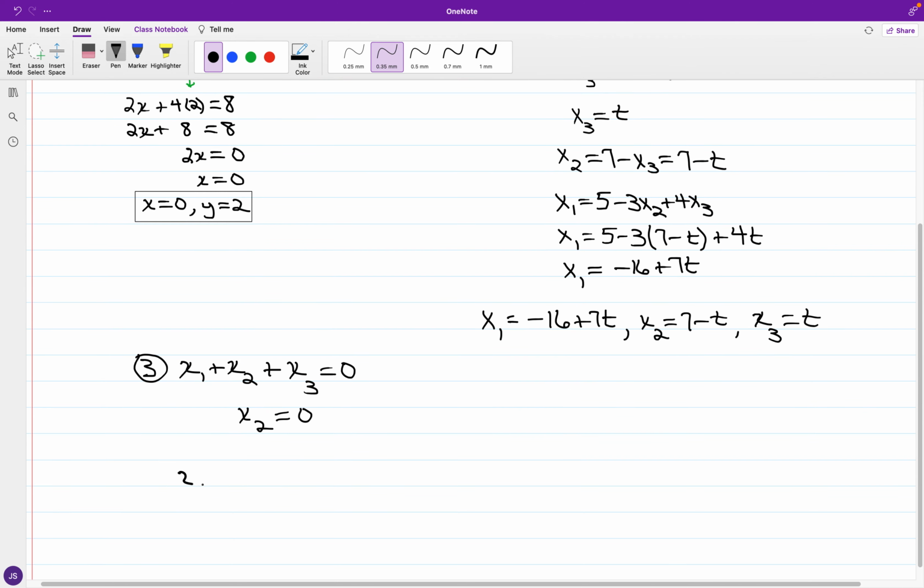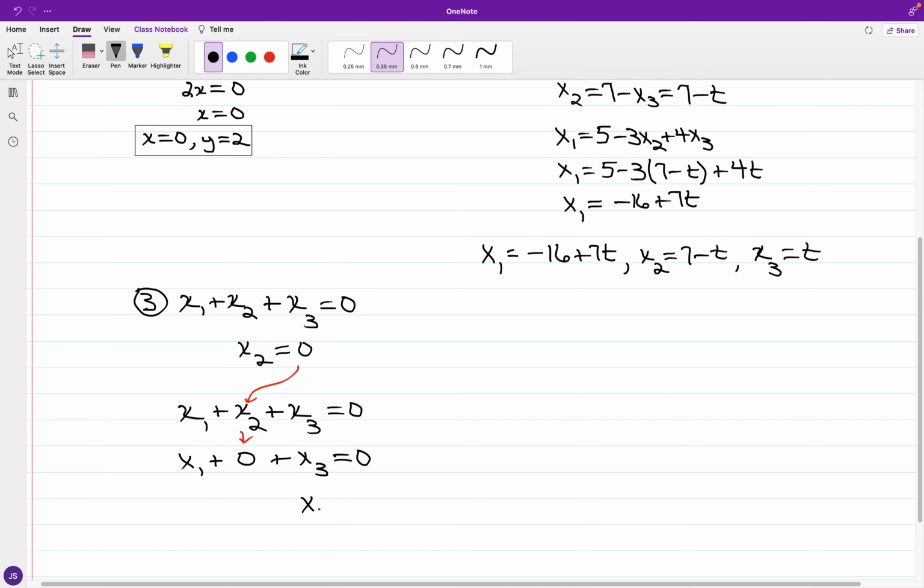So if I substitute, x of 1 plus x of 2 plus x of 3 equals 0, and x of 2 is equal to 0, so this equation at the top is just going to be x of 1 plus x of 3 is equal to 0.